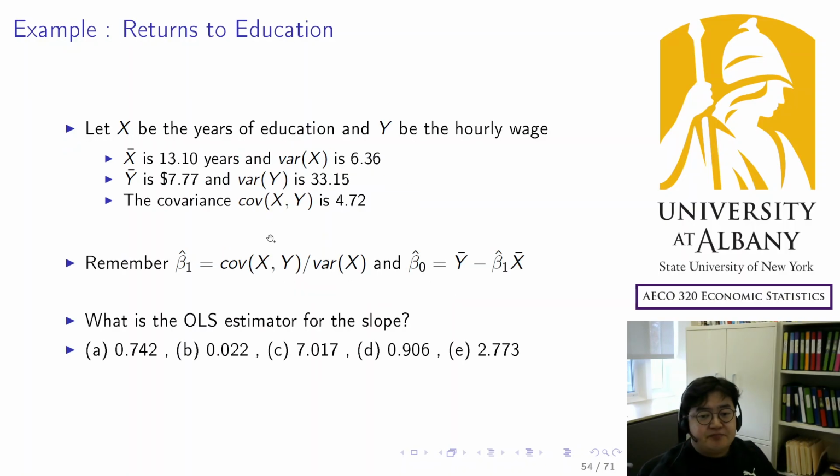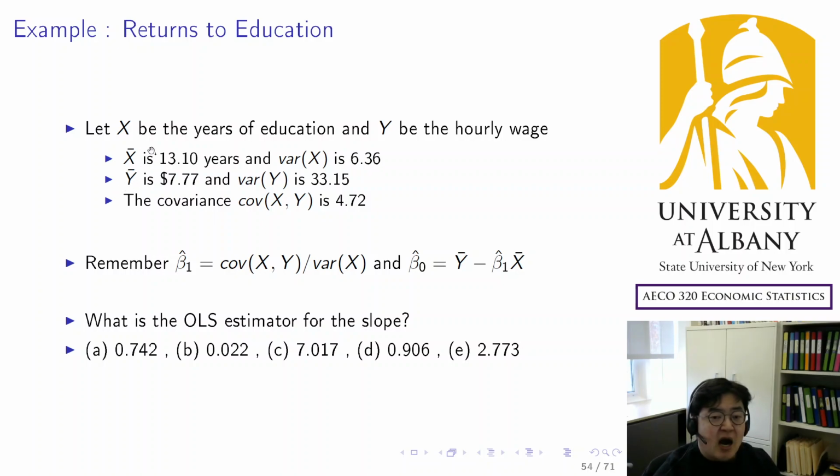Okay, let me give you this question at the end of this video. Let's think about the returns to education example. Here, the mean of X, X bar, is 13.10 years. So average education is 13.10 years, and its variance is 6.36.